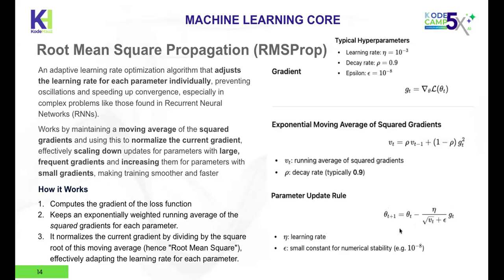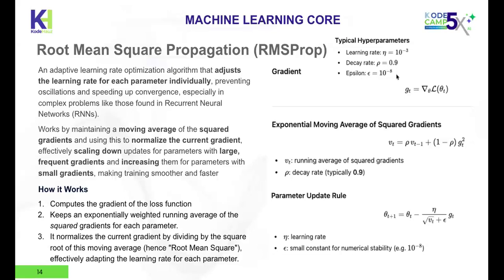So new learning rates and epsilon, a small constant for numerical stability, okay? These are the hyperparameters also, like we can see. We have the decay rate, right, which is the rate at which the previous gradients, square gradients, affect the current gradient. And that is 0.9 in most cases.